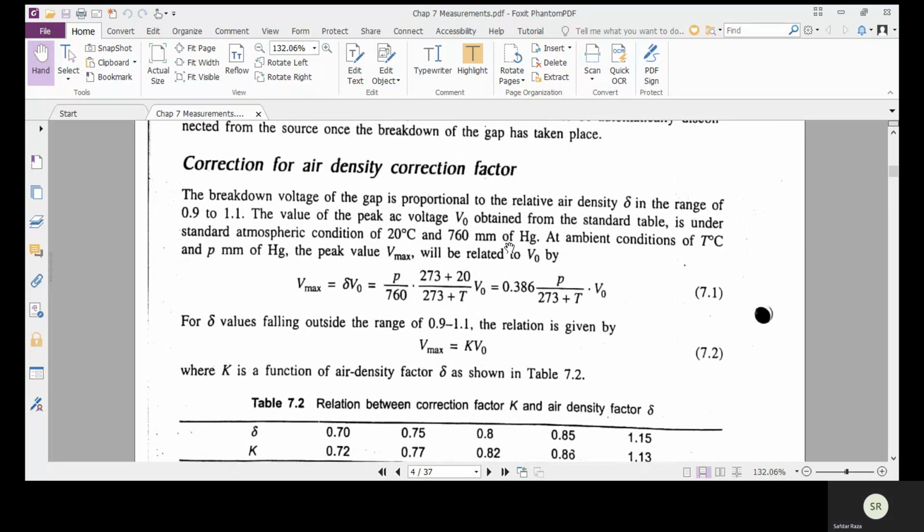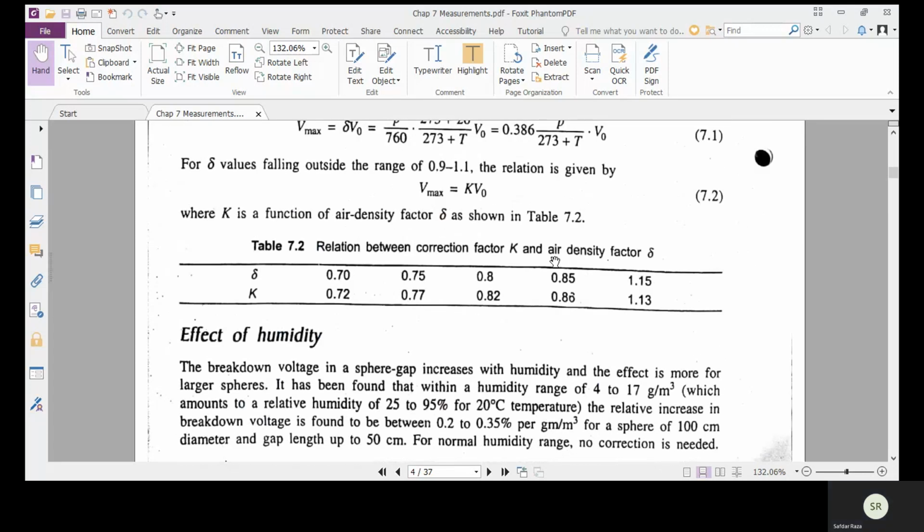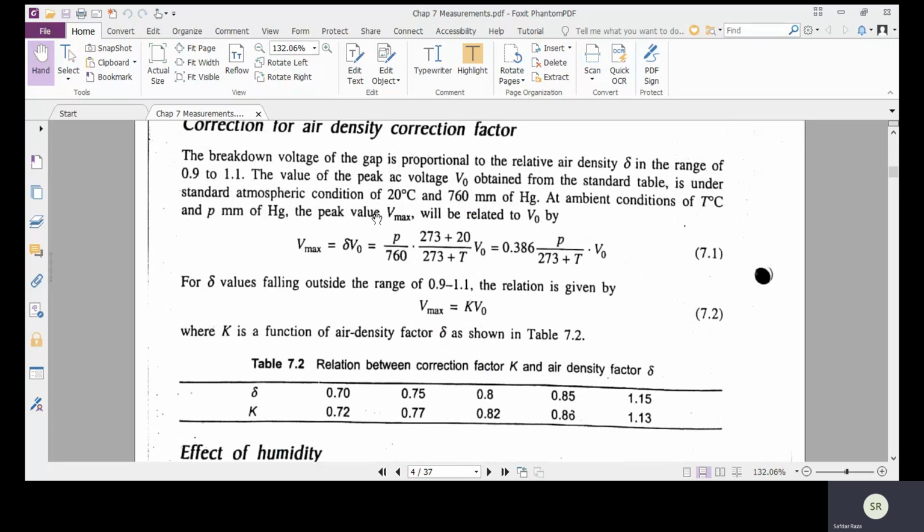It means that all the values tabulated in table 1 or table 2 are on the basis of standard temperature and standard pressure. At ambient conditions of T degrees Celsius and P mm of Hg, the peak value Vmax will be related to V naught and is given by equation 7.1.